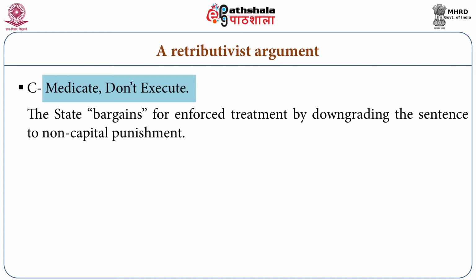So what would happen under this scenario C is that the state bargains with the inmate saying, please let us medicate you because this is in your best interest and the best interest of the prisoners and the police who are guarding you. And in exchange, we will downgrade your punishment from death to a life sentence. This seems a very humane approach.